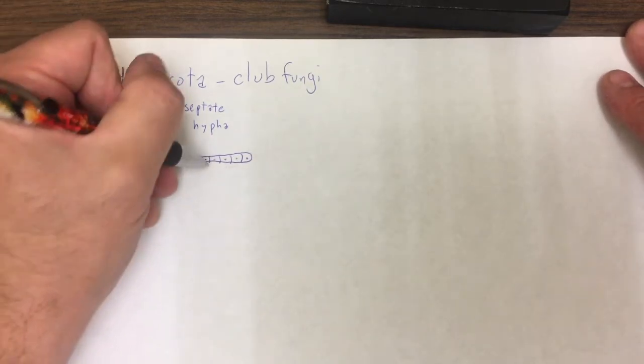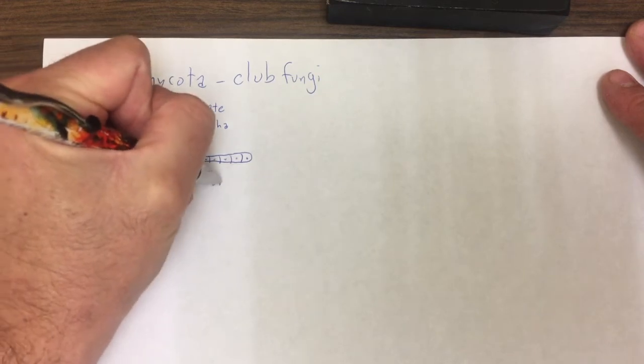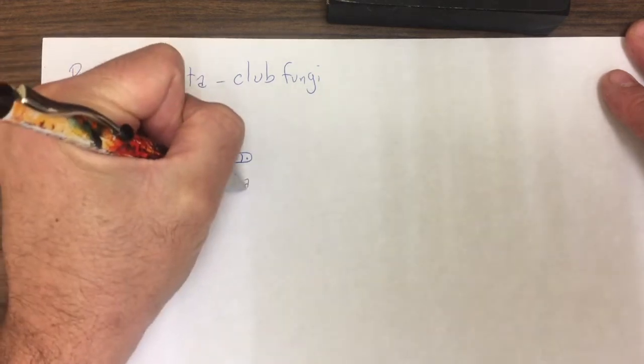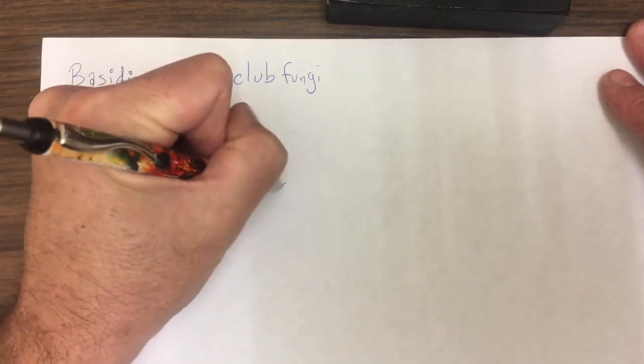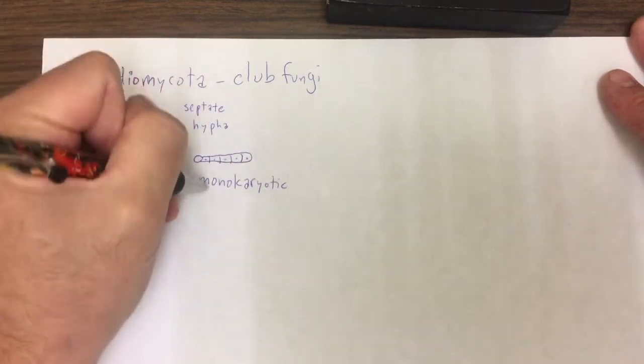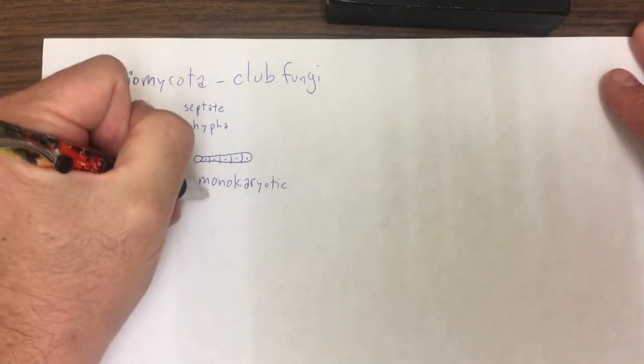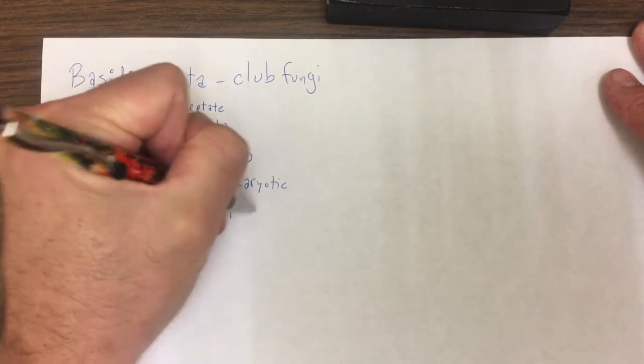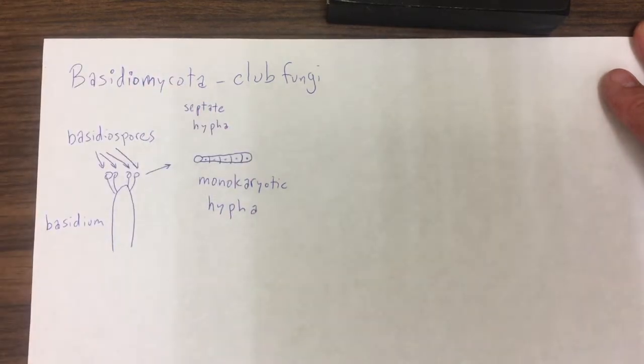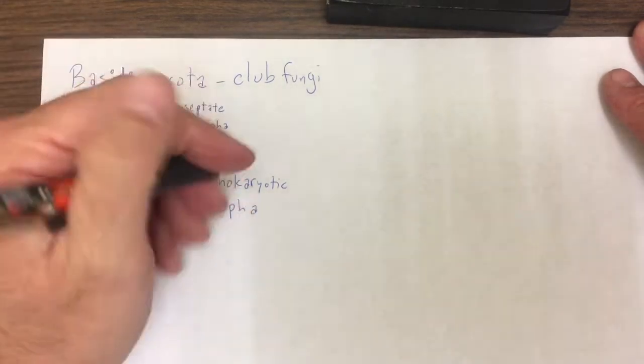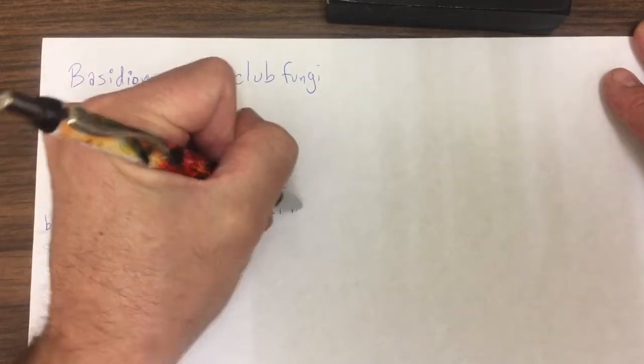So in this case, there's only one nucleus in each chamber, or each cell. So you can say this particular hypha here is monokaryotic. One nucleus.